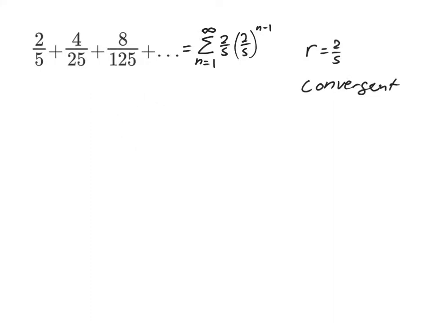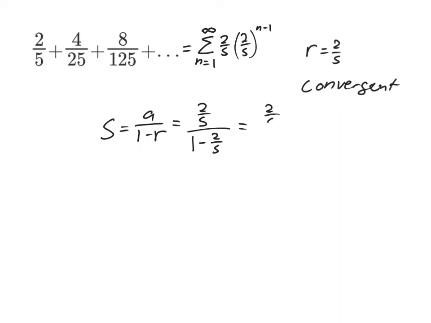I also know that my infinite sum is going to equal a divided by 1 minus r. So a is going to be 2/5 divided by 1 minus 2/5.